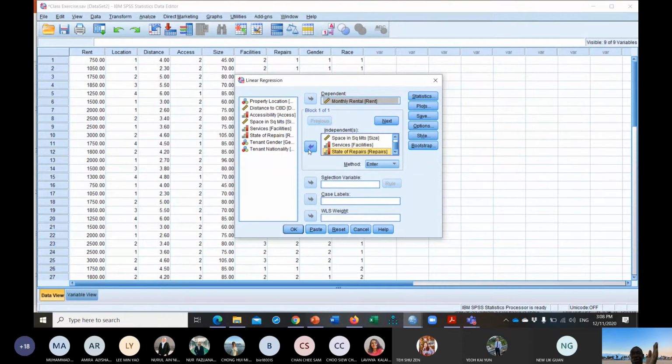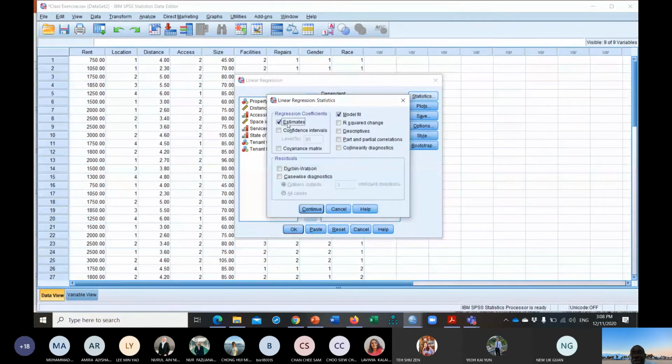So these 4 variables are the ones having a significant relationship with monthly renter. So we really want to know what their contribution is. So let's check if we need to take any statistics. Estimates, model fit, yes. R square change, no, we just need R square.